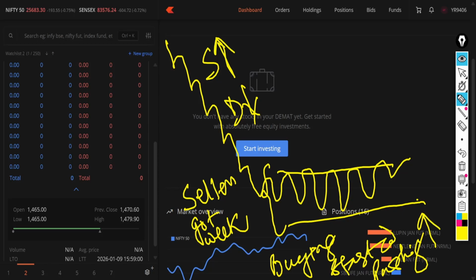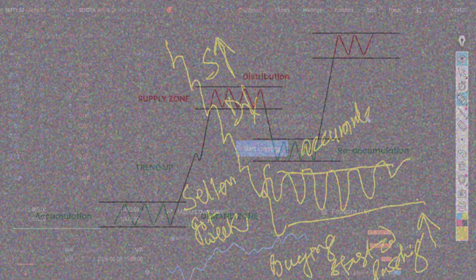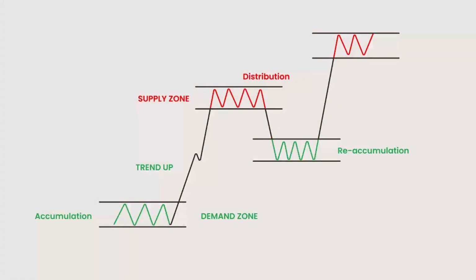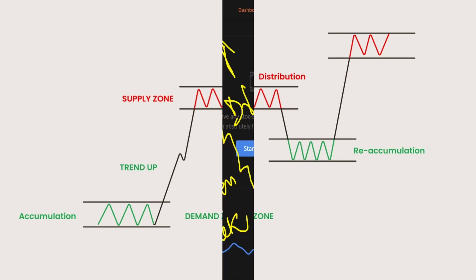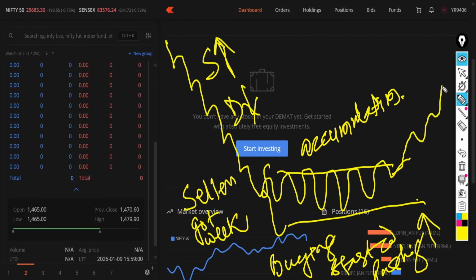So this zone is basically called accumulation, and after accumulation price generally changes from downtrend to uptrend.